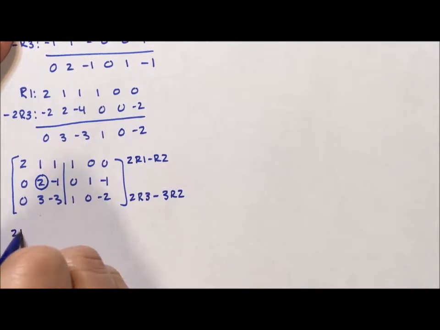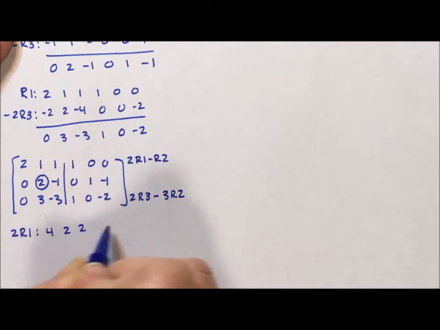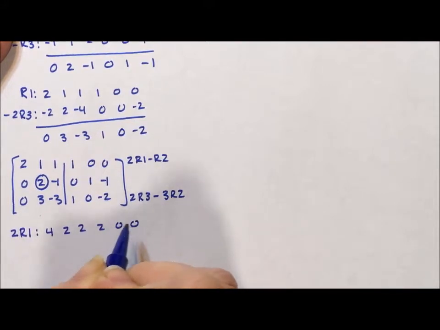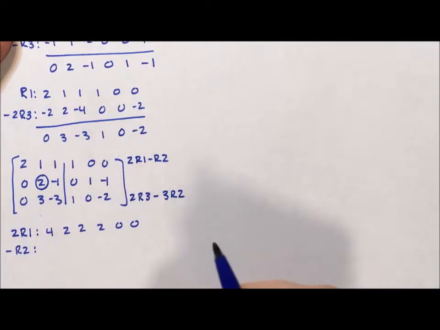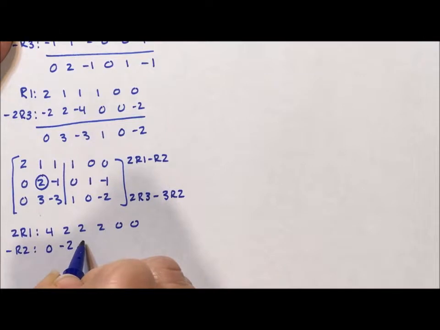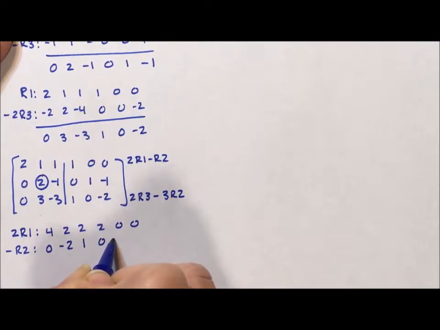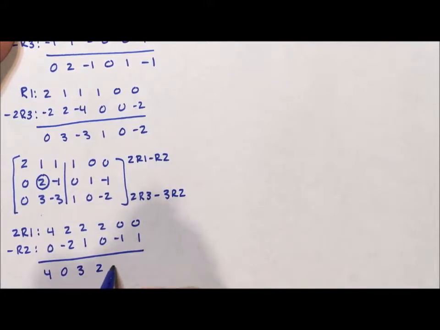So 2 times row 1 is 4, 2, 2, 2, 0, 0. Negative row 2 is 0, negative 2, 1, 0, negative 1, 1. When I add down, I get 4, 0, 3, 2, negative 1, 1.